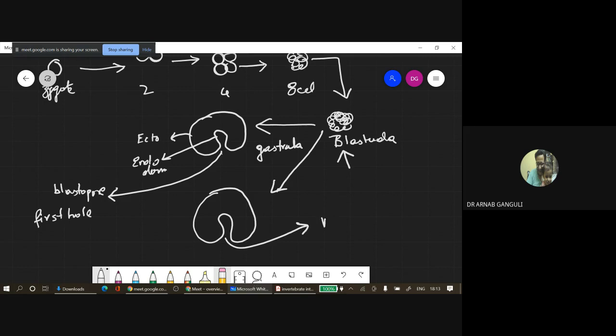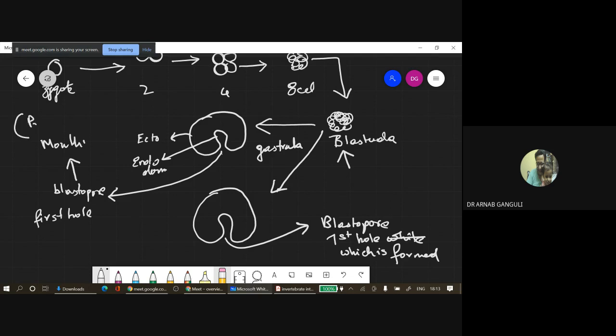This is also blastopore, the first hole which is formed. And now, if this blastopore becomes the mouth, they are known as protostomes.